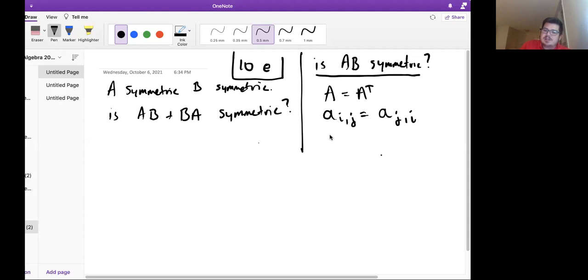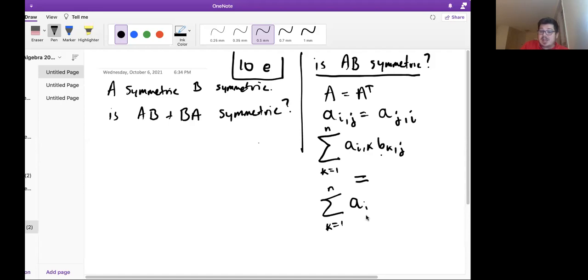If you just look at the product definition, the sum of A_ik B_kj, if it were symmetric, this would equal A_jk B_ki.